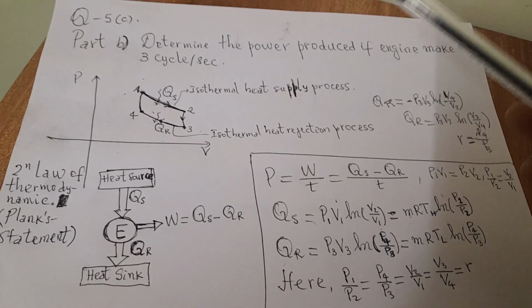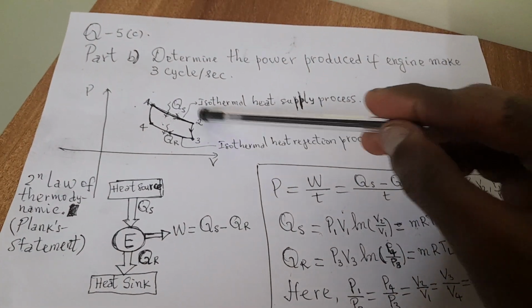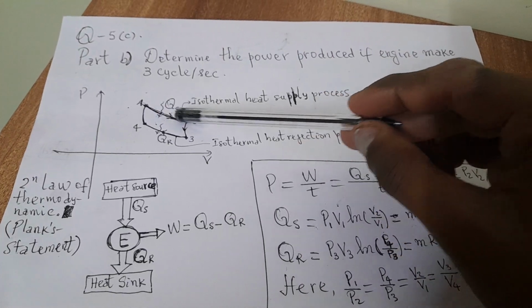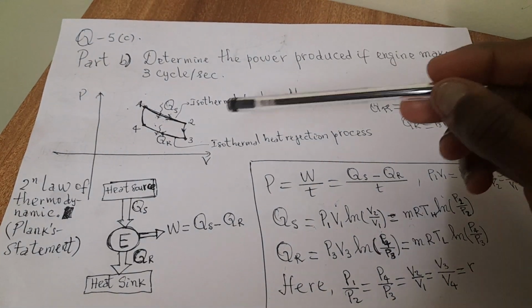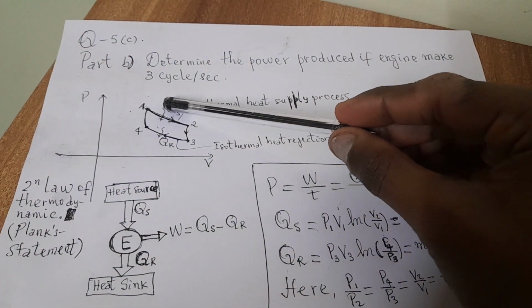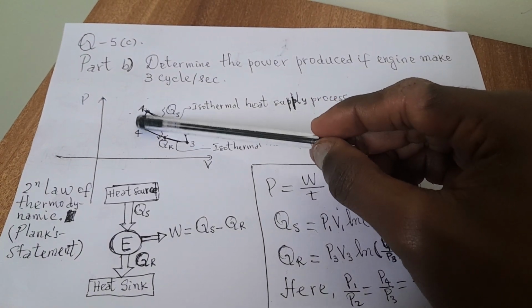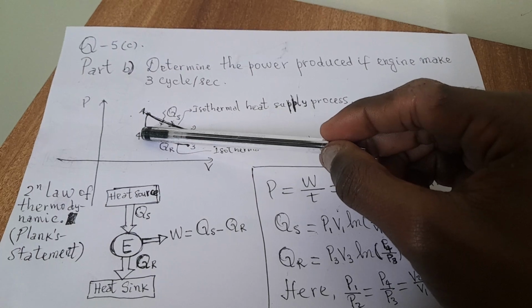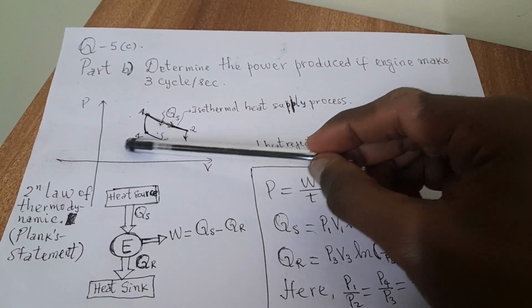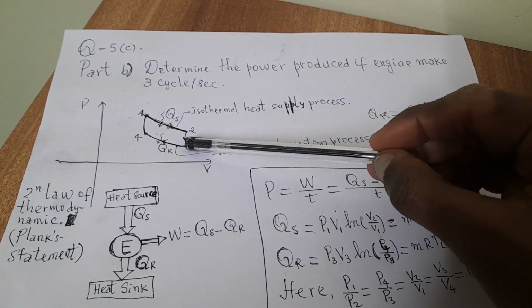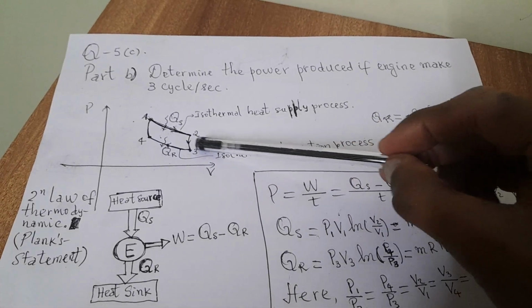See, first we have to understand this. We had this point, they gave us this pressure in the end of the isothermal compression. Then they gave us the lowest pressure in the cycle, P3.